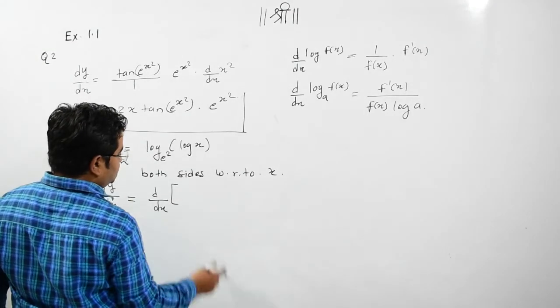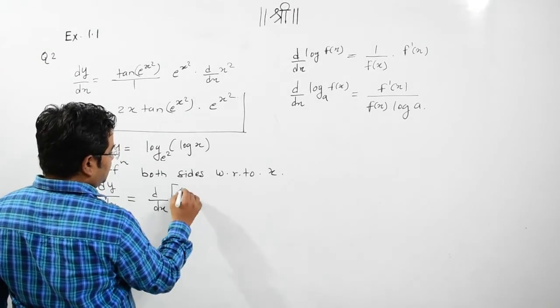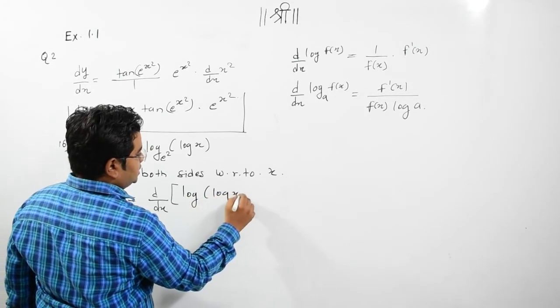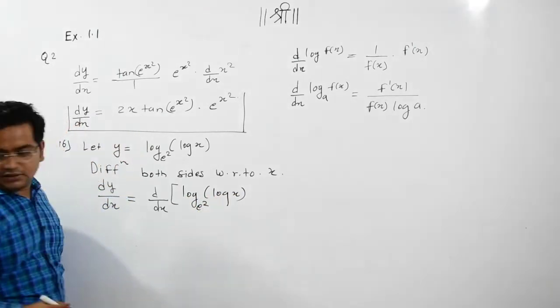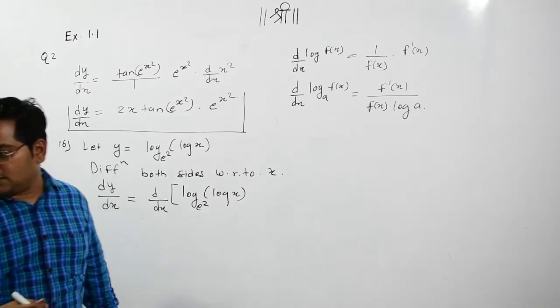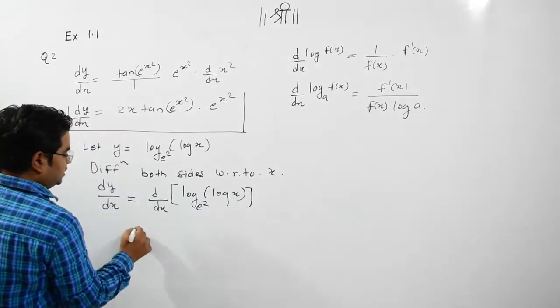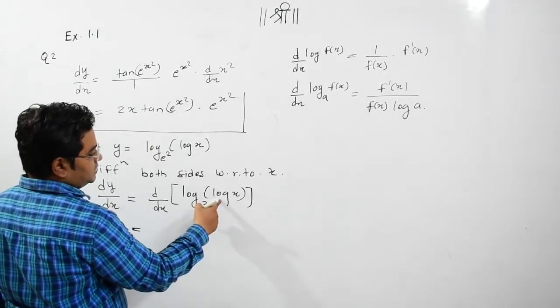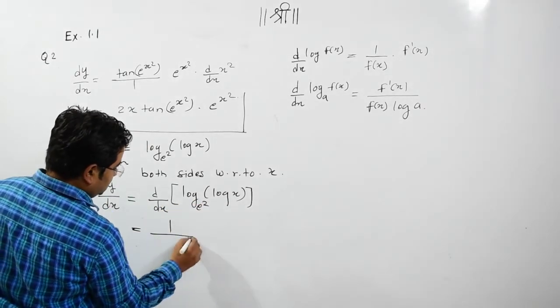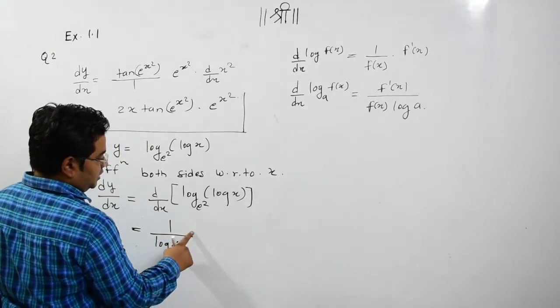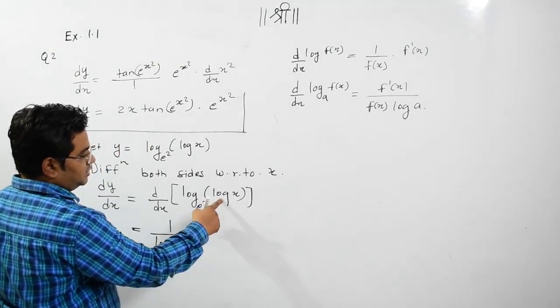So what will happen, sir? We can simply differentiate log of x to the base e². Simply apply this formula and we will find the answer. What is f(x)? It is nothing but log x, so 1 upon log x. What is f'(x)?